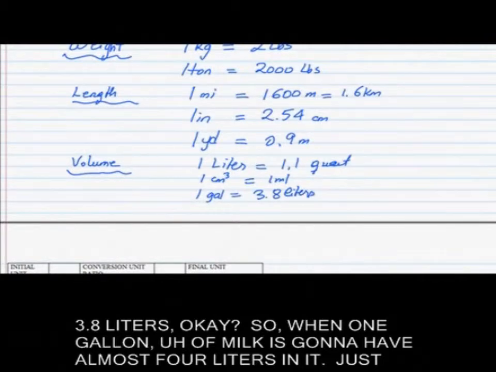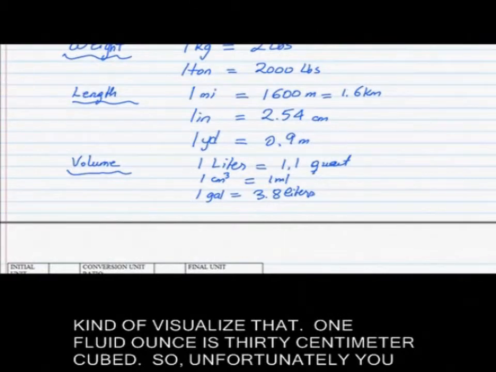So 1 gallon of milk is going to have almost 4 liters in it. Just kind of visualize that. 1 fluid ounce is 30 cubic centimeters.